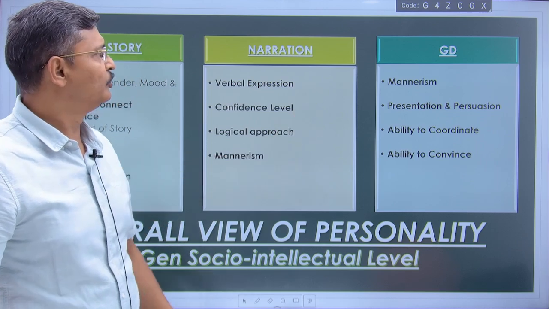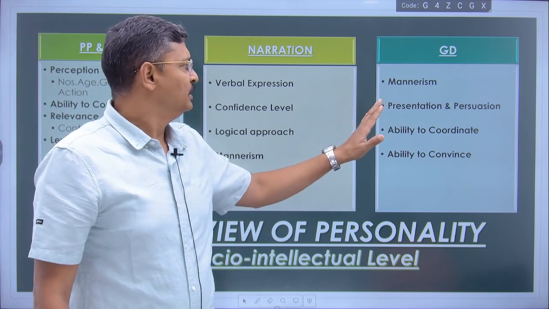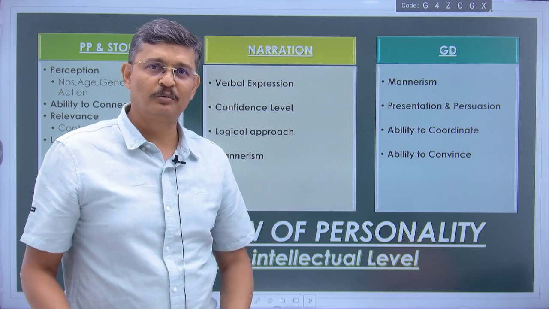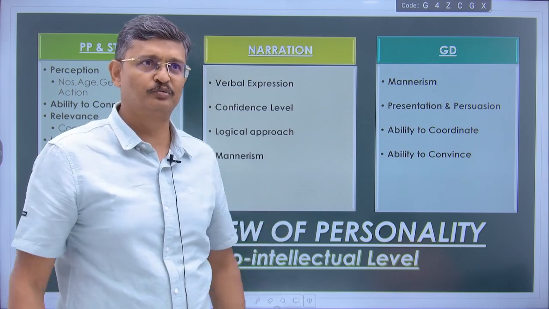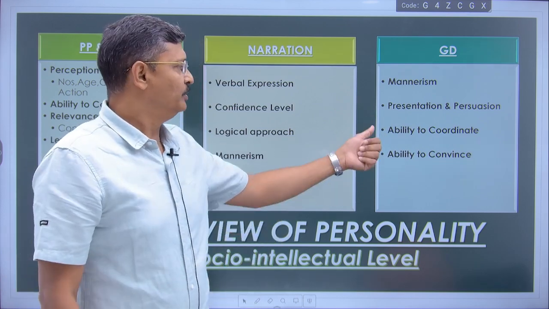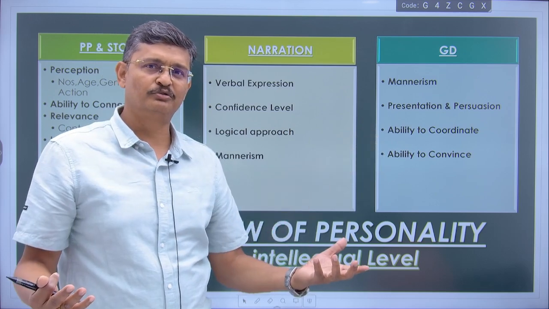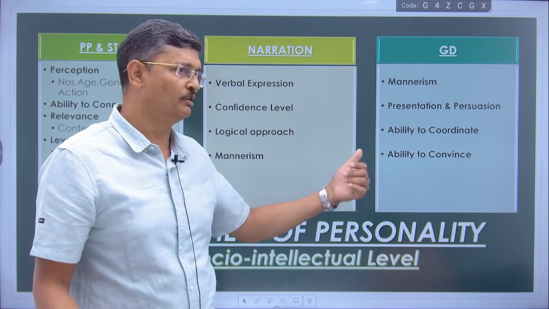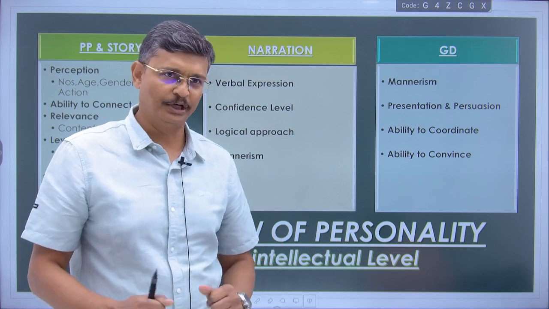And finally, in the group discussion, again your mannerisms, your presentation, persuasion skill, how you are able to present your story and persuade others to your point of view, your ability to coordinate so as to create a consensus story, and also to convince others of your viewpoint.